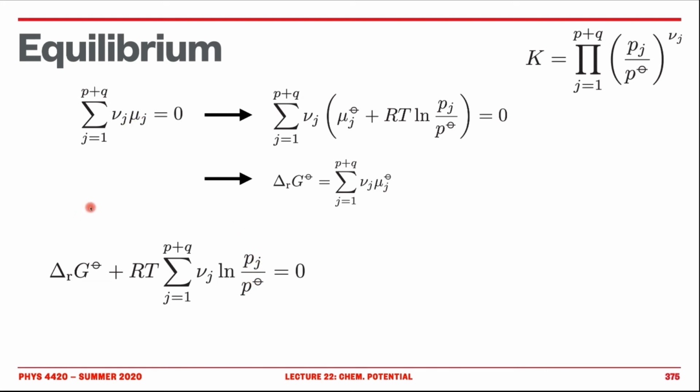Now, why do we do this? Well, just take a second to think a little bit about the math. Here we have a sum of nu j ln of pj over p standard. Well, clearly, since nu j is in the front, you can definitely put nu j inside the logarithm as an exponent, right?